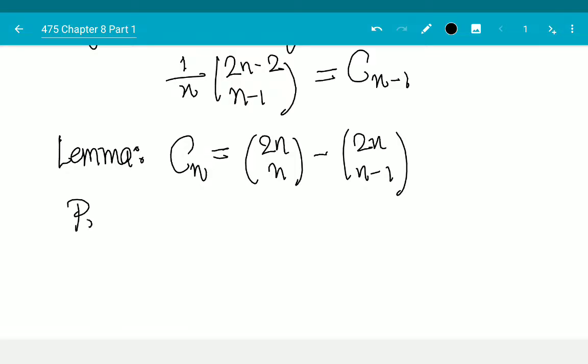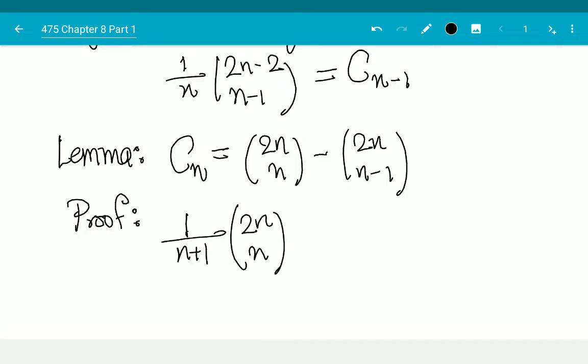Proof is relatively simple. I want to show that 1 over n plus 1 times 2n choose n is equal to Cn.